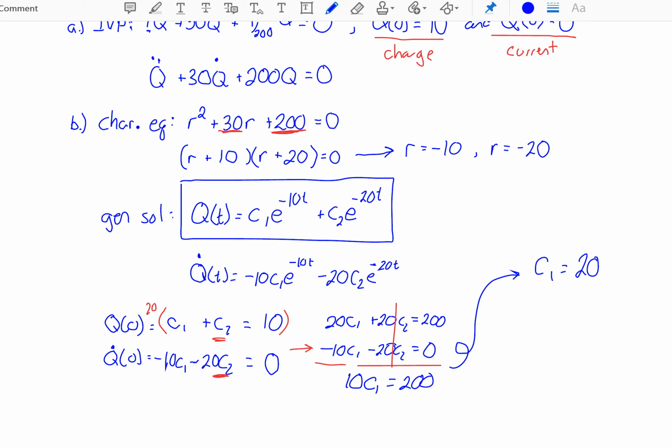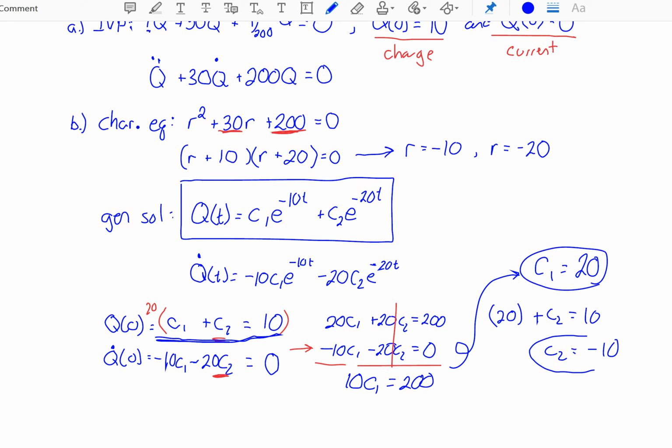Now, it doesn't matter how you find C2, but the way I've been doing this is grabbing my first equation. And if C1 is 20, then we have 20 plus C2 is 10. So C2 had to be negative 10. These are our constants for our initial value problem.